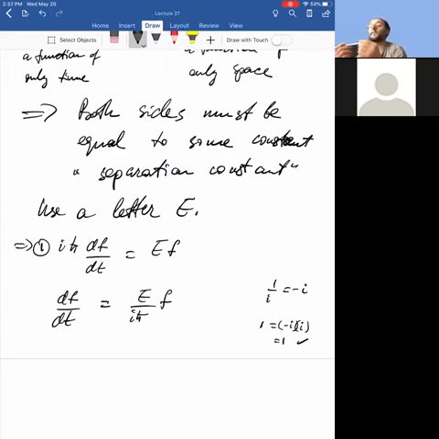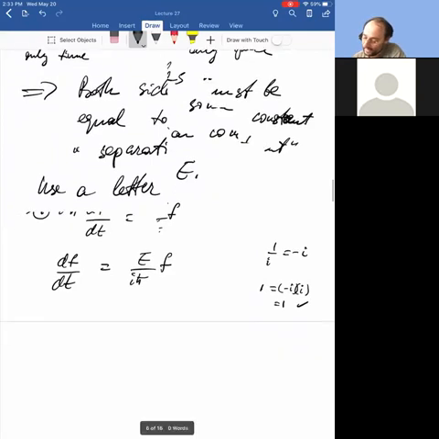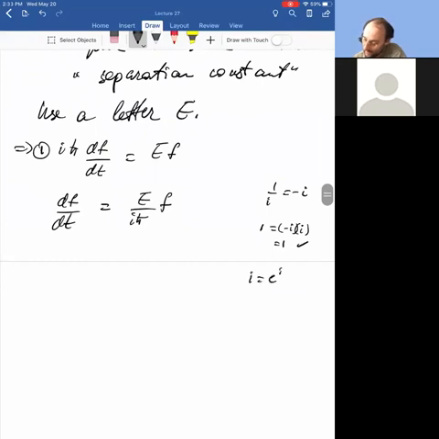Now i is e to the i pi over 2. So 1 over i equals 1 over e to the i pi over 2, which equals e to the minus i pi over 2.